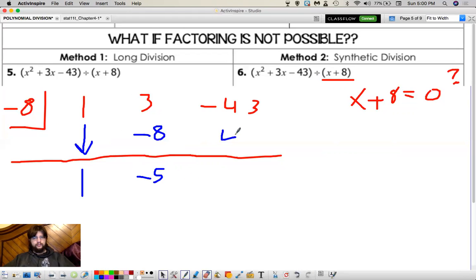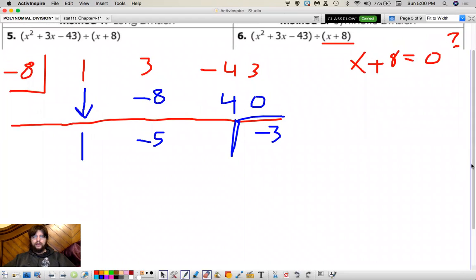Multiply, combine. And this last number over here is our remainder. To write out our new polynomial, we take our dividend and reduce the power by 1. It was x squared, now we're going to go with x. That's 1x minus 5. And our remainder is -3, so minus 3 over x plus 8. And we did get the exact same thing.